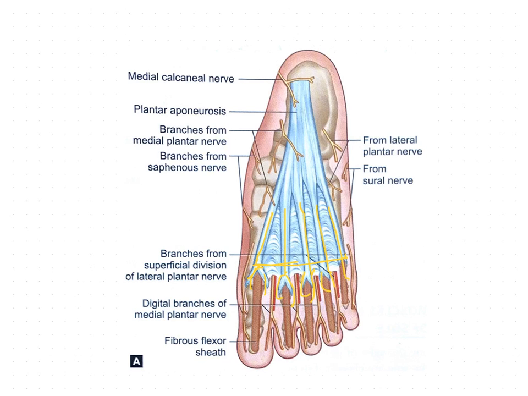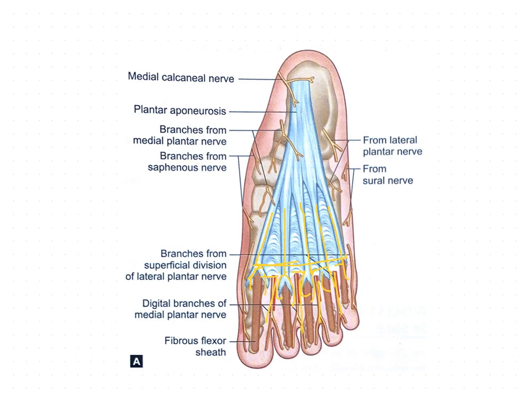And if you see the gaps between each of the primary slips, they allow the digital nerves and vessels to pass. Here you can find the digital nerves and vessels passing in between these 5 slips.